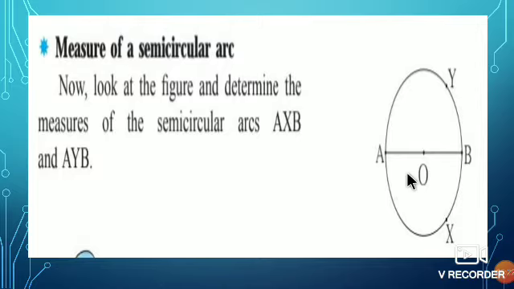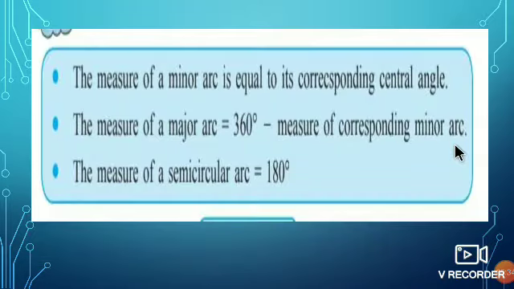So the measure of the semicircular arc is 360 divided by 2, which is 180 degrees. So the measure of each semicircular arc is always 180 degrees. The measure of the minor arc is equal to the corresponding central angle. The measure of the major arc is 360 degrees minus the measure of the corresponding minor arc, and the measure of the semicircular arc is always 180 degrees.